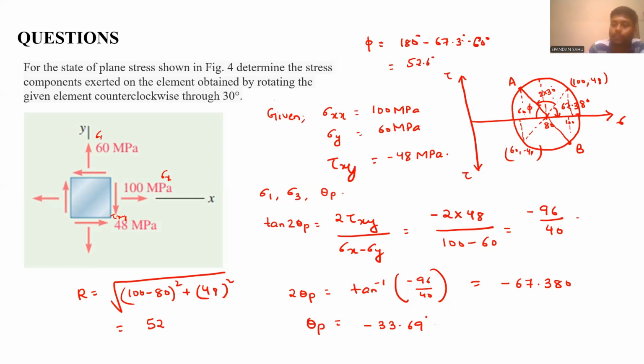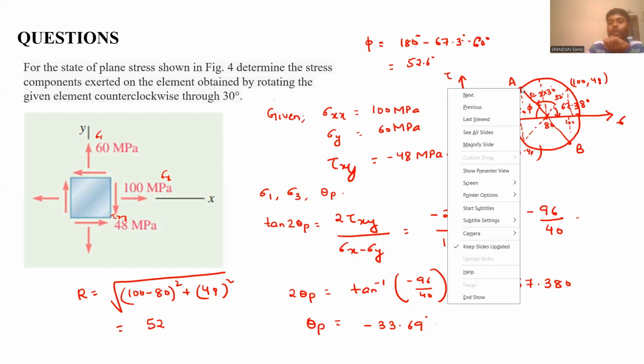So this length we have got to be 52 and this will also be 52. So if we do 52 cos phi, won't we get the normal stress component at this point?